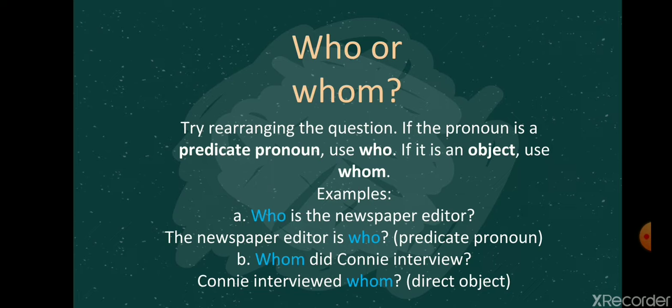Examples: who is the newspaper editor? The newspaper editor is who. Predicate pronoun, okay? Remember that you have a predicate pronoun if before the word you have a linking verb. Whom did Connie interview? Connie interviewed whom? A direct object. We have a direct object when you have the verb interviewed and then whom after the verb.